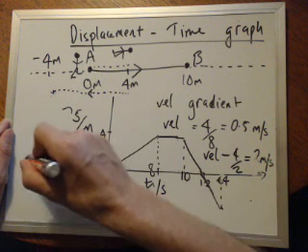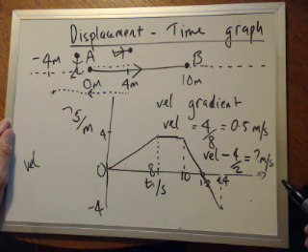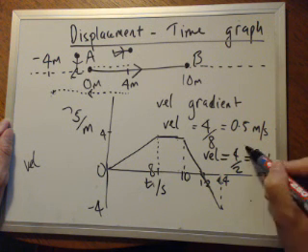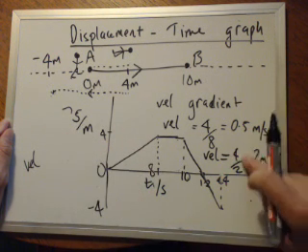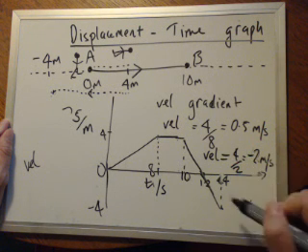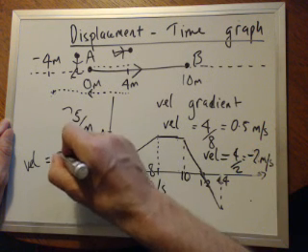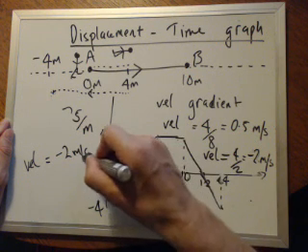So therefore his velocity here is positive 2 there. His velocity here is minus 2 meters per second, and his velocity is still equal to minus 2 meters per second.